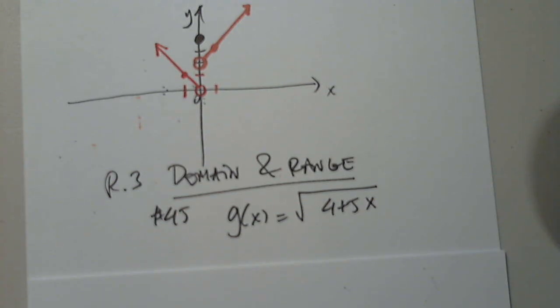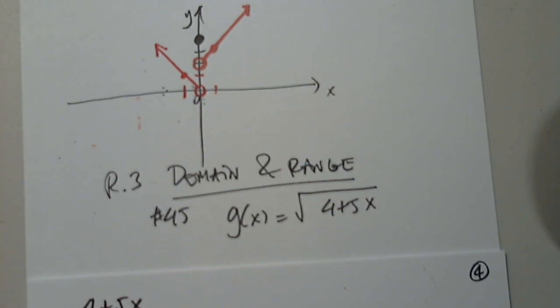Can anyone tell us what to write? Yes, I'm ready. You want to set it equal to 0 and then just find what can't be negative. So how do I write it? 4 plus 5x equals 0.